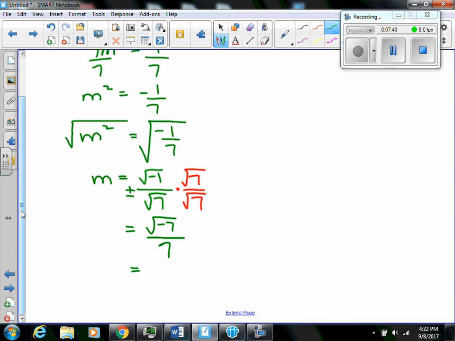So the square root of a negative is always going to give you an i. So you have i times the square root of 7, and that will be all over 7. And again, don't forget your plus or minus. This is your answer. m equals plus or minus i times the square root of 7 over 7.